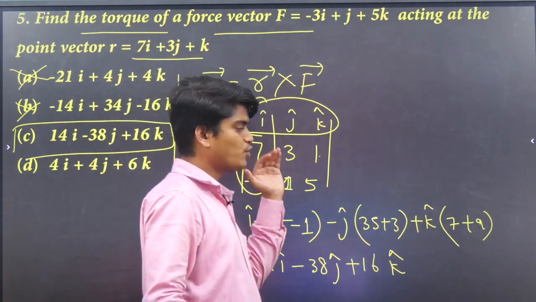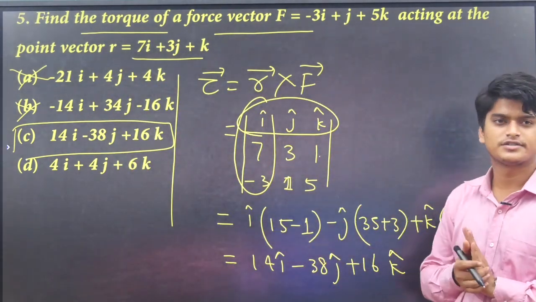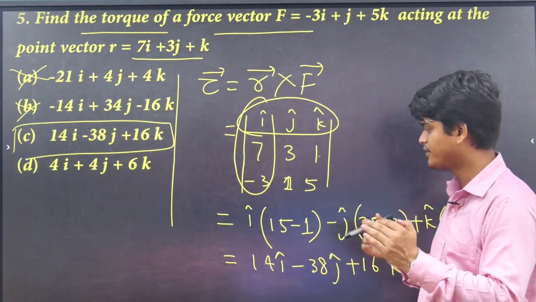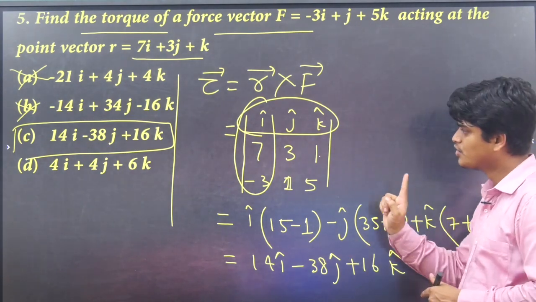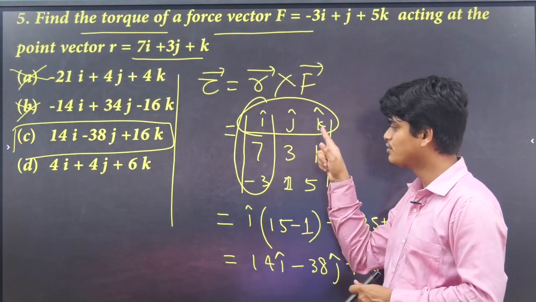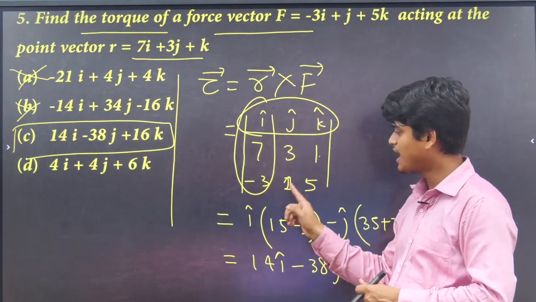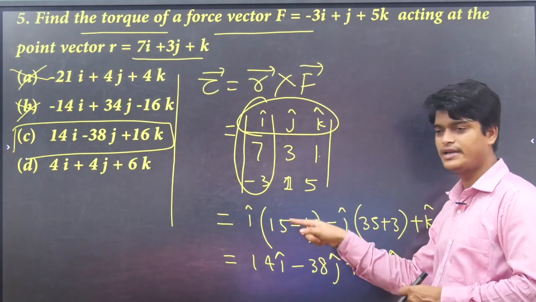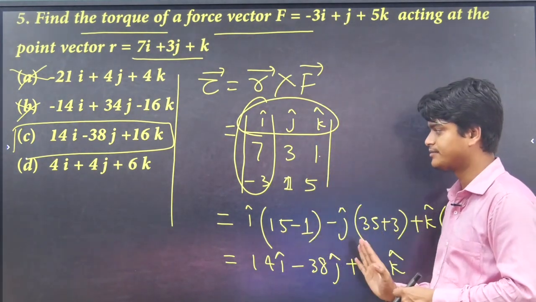Listen, once you understand how to calculate this, then immediately in one line itself you can calculate. No need to put brackets and all. In the first two questions I put brackets and all so that you can understand. But here I am writing in one line itself. So always remember, while calculating, you have to close this row and this column, then multiply the remaining numbers: 3 into 5, 15, then minus 1 into 1.